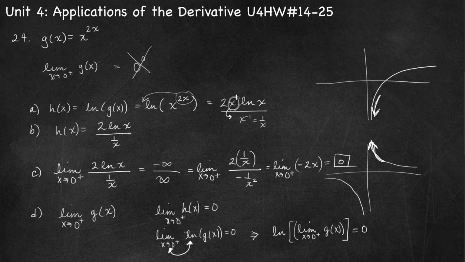So I've switched the limit and the log here. And we know that the natural log of 1 equals 0, so that means what's in the brackets here must equal 1. This says the natural log of stuff equals 0. Well, the natural log of 1 equals 0, so the stuff must equal 1. And we're trying to find the stuff. So our limit as x approaches 0 from the right of g of x, we know must equal 1.